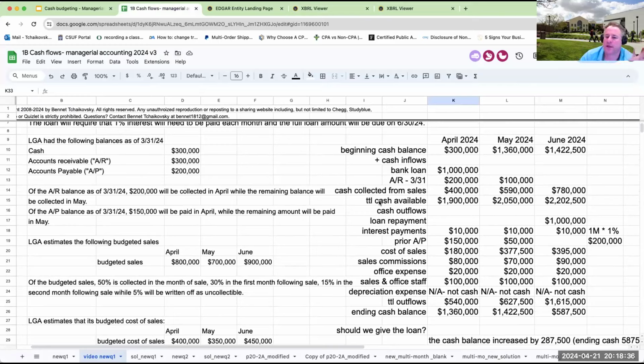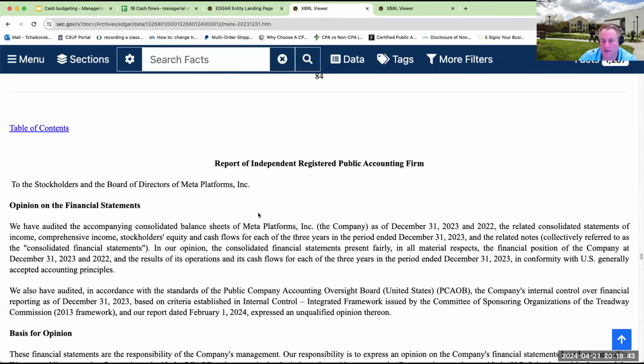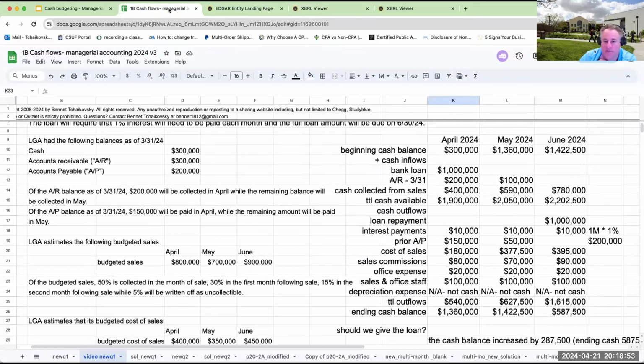The problem is that if you're not going to have enough cash, this opinion is not going to be what we call unqualified. The opinion you would be giving will be something called a going concern opinion. What does that mean? We don't know if the business is going to last the next 12 months. And so that's a huge deal.